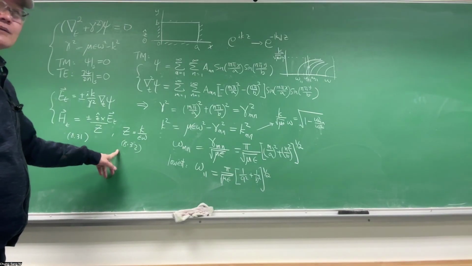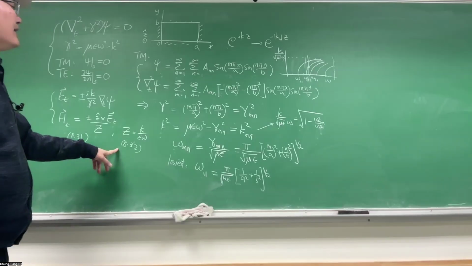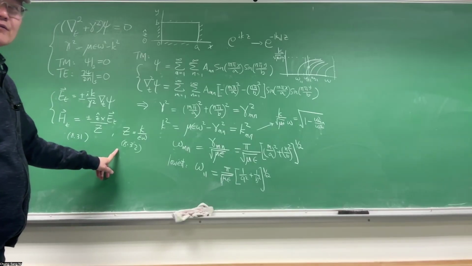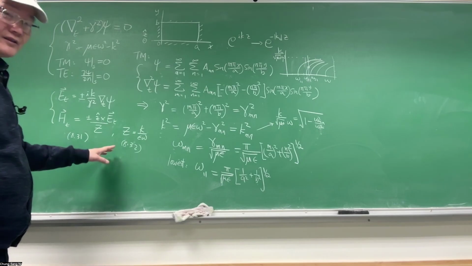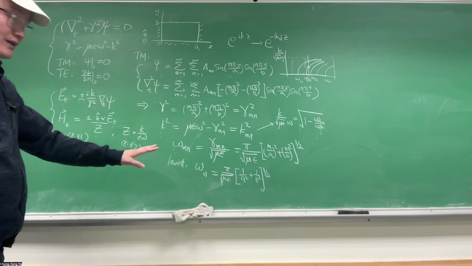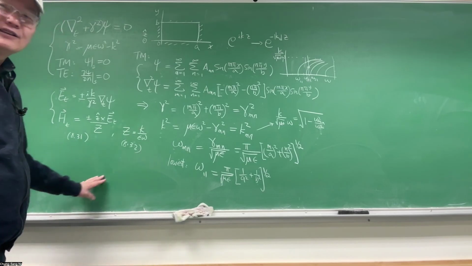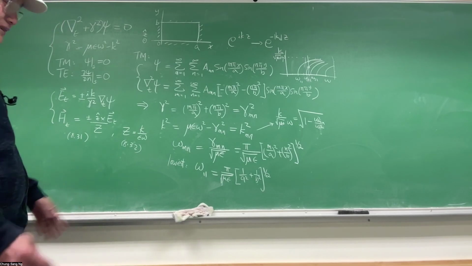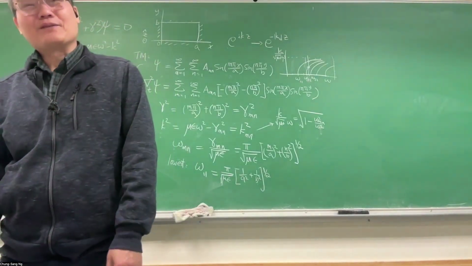It's just an SI thing, because in SI the dimensions of electric field, magnetic field are different. All four fields, E, B, H, and D, are different, but in Gaussian they are all the same.